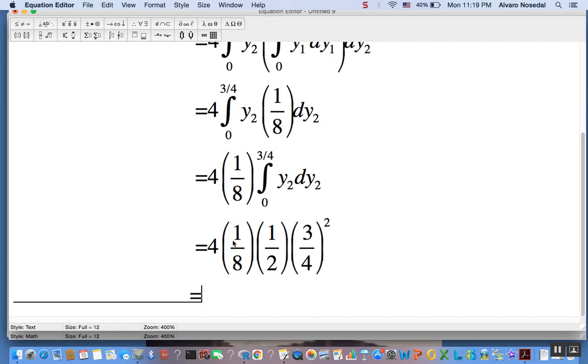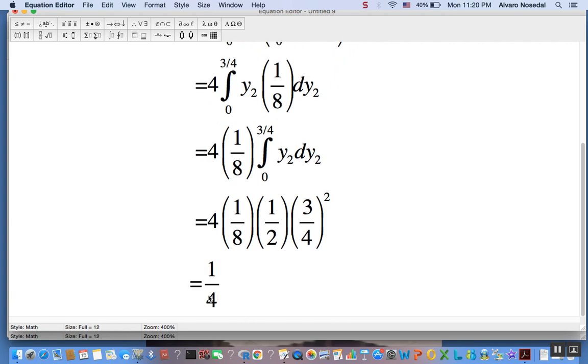So we have here 4/8, which is 1/2 times 1/2, that's just 1/4. Agreed? So we have 1/4 times 3/4 squared, that's just going to be 9/16.